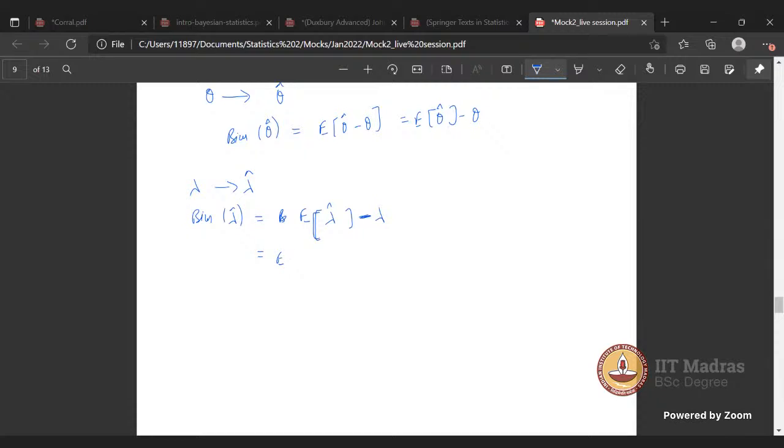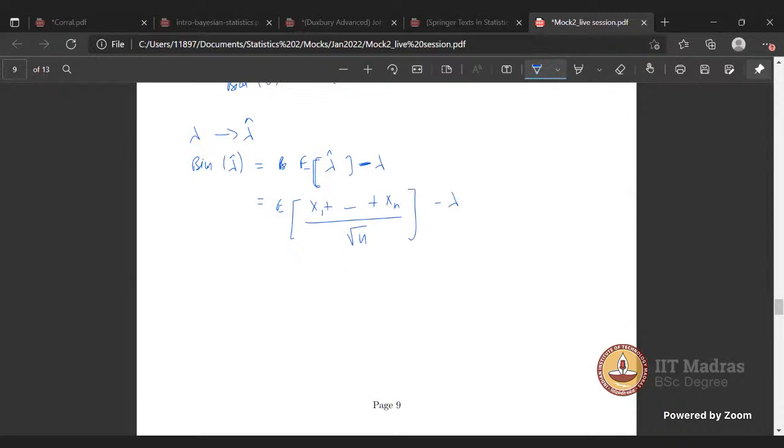So what is the expected value of lambda hat? Lambda hat is (x1 plus up to xn) divided by root n, minus lambda. This root n is constant, so we can pull it out, and this is going to be 1 upon under root n times the expected value of (x1 up to xn).